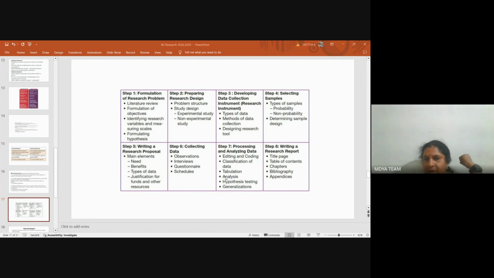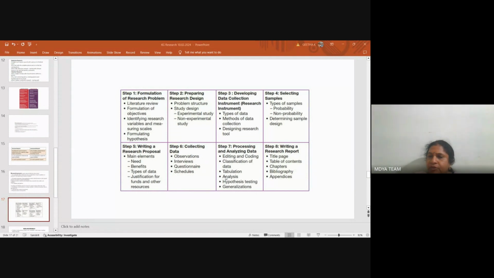And then the fifth step comes: the research proposal. I have already explained how to write a proposal. After submitting the research proposal, you will be asked to do a pilot study. After doing the pilot study, you will be officially ordered to collect the data. In collecting the data, you will be observing and taking the test, interview, and schedules, everything will be given.